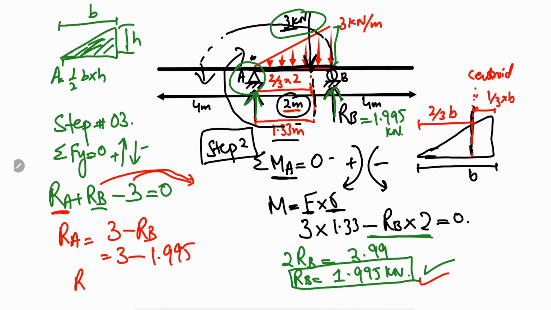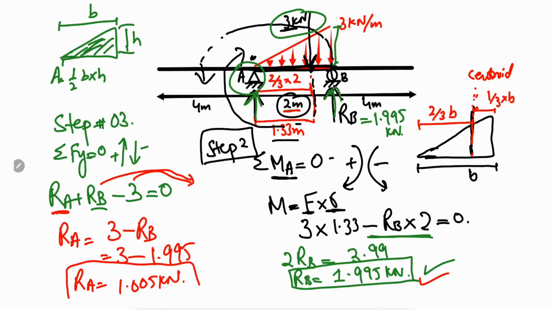So here we will get RA, and if I use the calculator, sorry, it comes out to be 1.005 kilonewton.